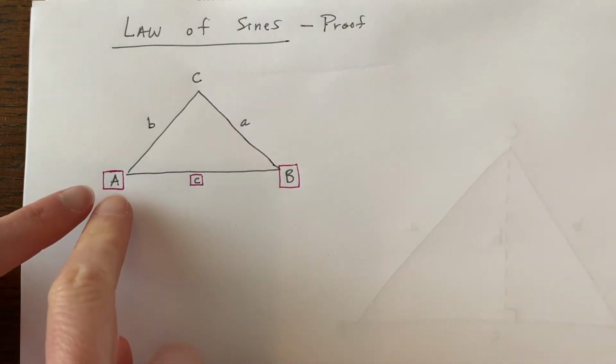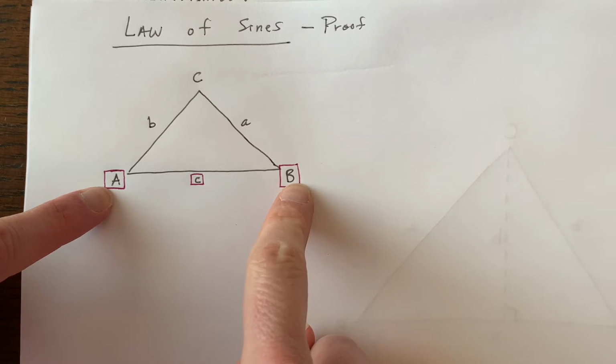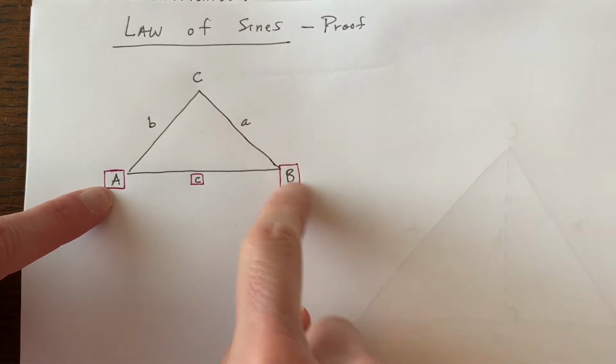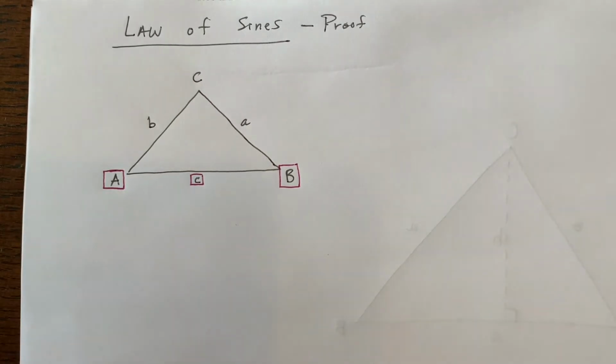Well, if we know the measure of angle A and angle B, we can add those up and subtract from 180. We automatically know the value of angle C. So the only parts we're really missing are side A and side B. So I need to figure out, how can I find side A and side B?